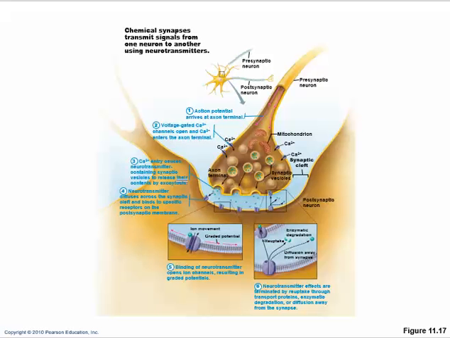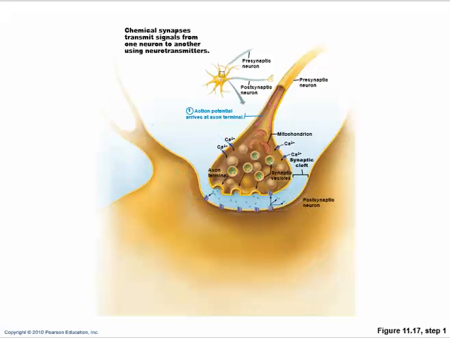This will look exactly the same as what we talked about in muscles. There is the neuron with the vesicles and calcium channels, and it's exactly the same as we talked about. So an action potential reaches the neuron, voltage gated calcium channels open, and calcium floods into the axonal terminal.